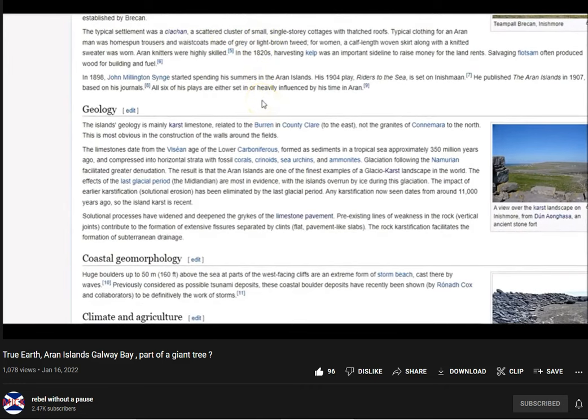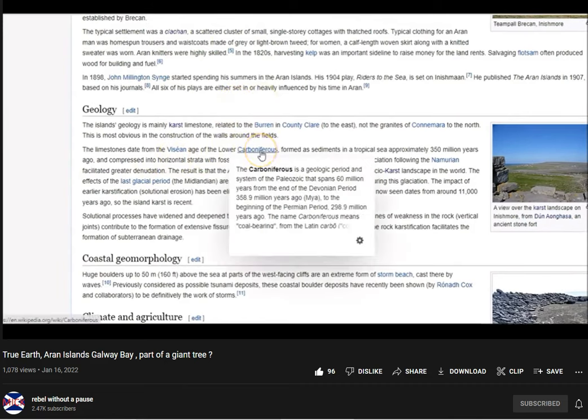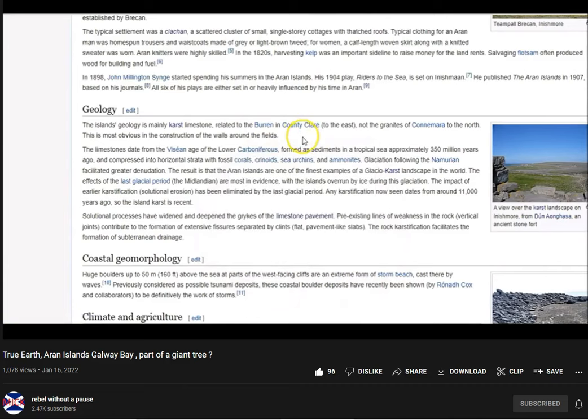And then they go on about the geology. Now, the limestone of the lower Carboniferous. Now, Carboniferous is a geological period, and it tells you all this about different lengths of time, because they need millions and millions of years for the lives to work.